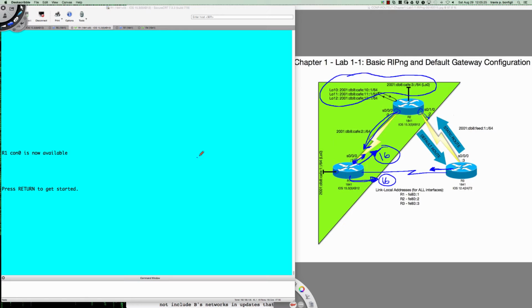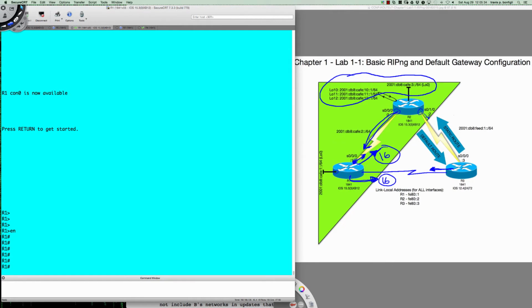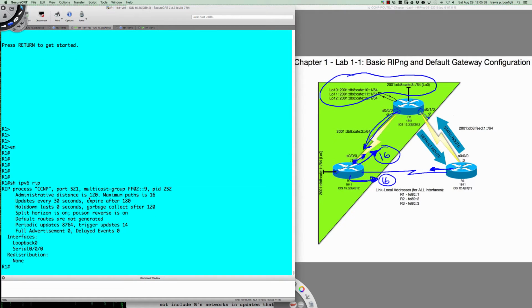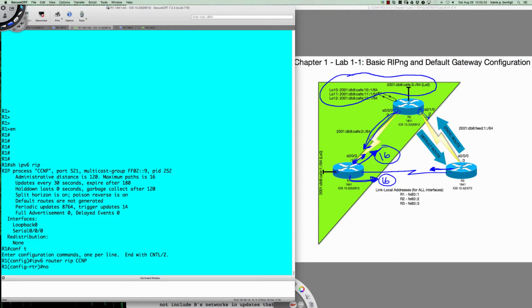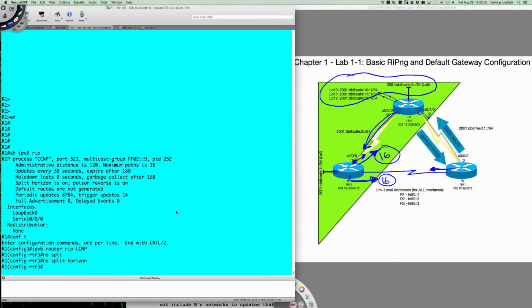Let's take one final look here at show IPv6 RIP. And here you can see Split Horizon is on and poison reverse is on. Does anything change if I go to global config, IPv6 router RIP, CCNP, and say no Split Horizon?